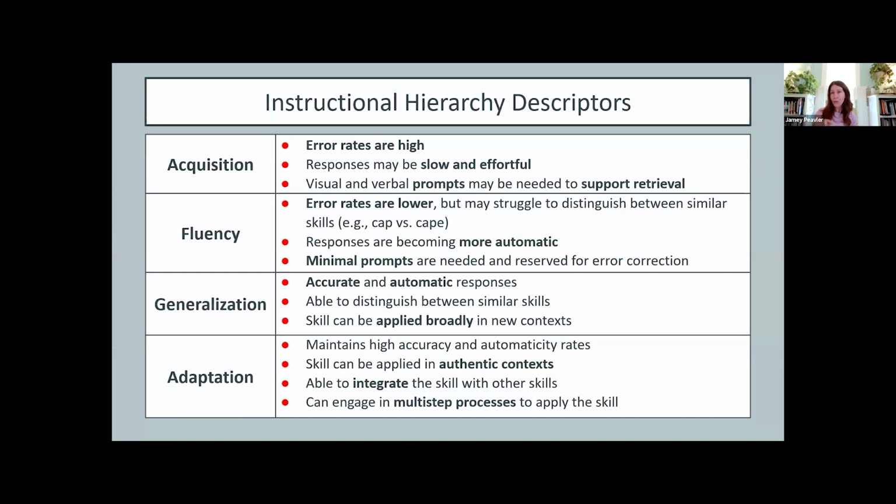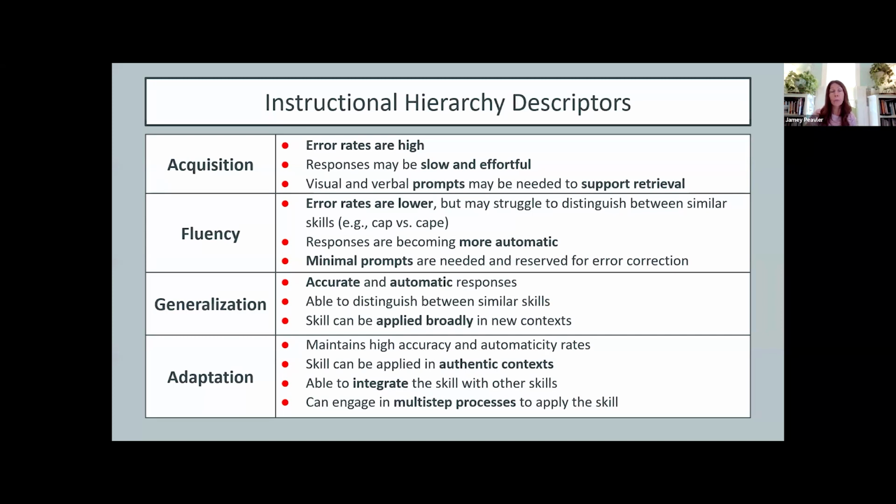And although these 4 are defined pretty concisely, it's important to note that students may have characteristics of one stage and another. And so there's that bridge that's happening between. So it's not like you're going to jump from one to the other. You might be transitioning. You might also be noticing as you're looking at these descriptions that some of them represent a student who may be stuck in one stage.